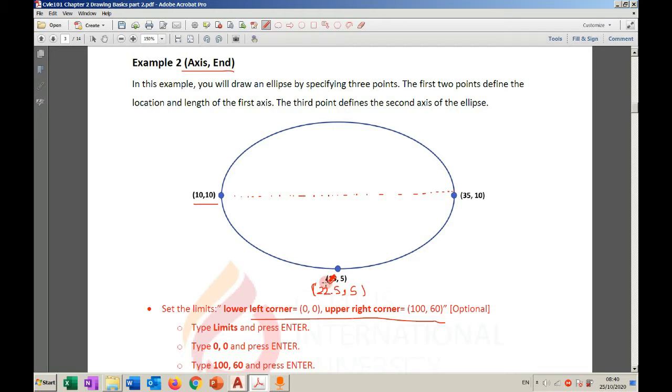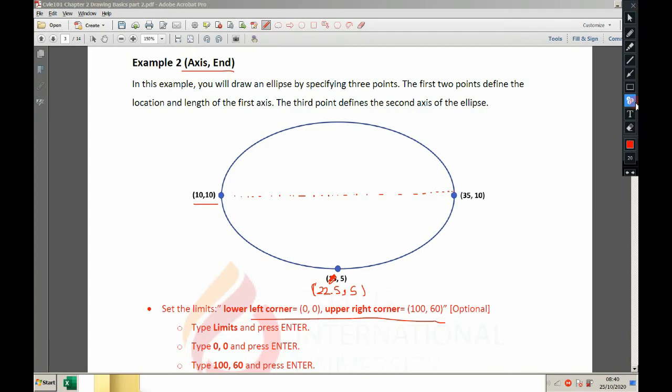Now before going to AutoCAD, we have to understand something. In order to do this method, we have to follow a sequence. I mean, always in the axis end method, we need 2 points on one axis and 1 piece of information on the other axis.